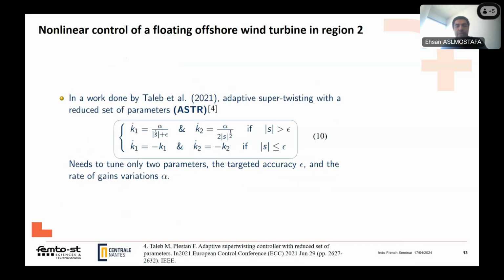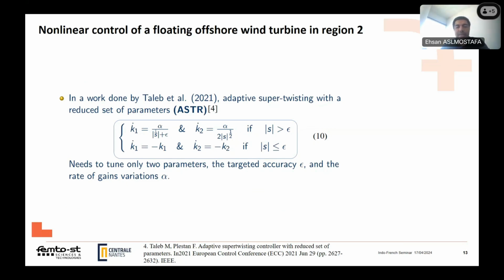The second adaptive rule, which is proposed by Taleb, is a controller in which we need to tune just 2 parameters: the parameter alpha, which is the gain rate, and the parameter epsilon, which is the targeted accuracy.